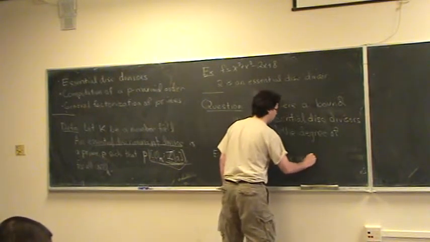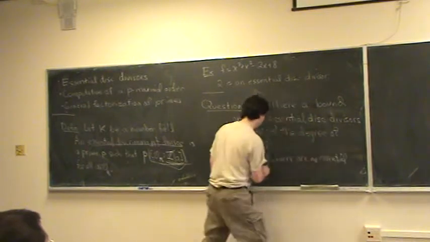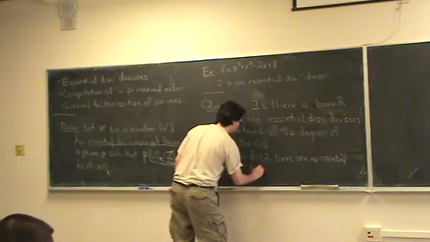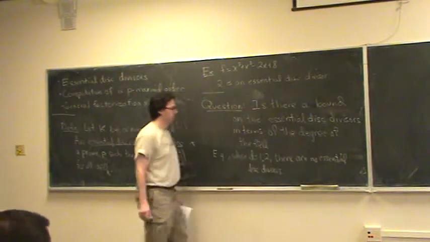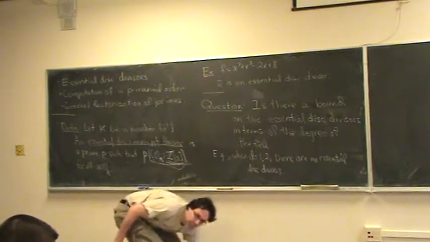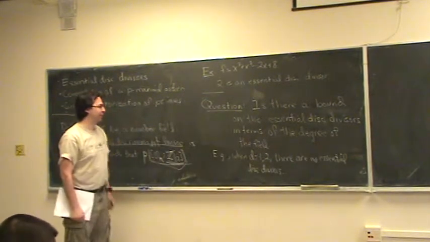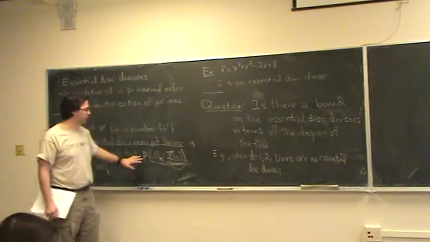Can you say anything about the number of essential discriminant divisors? You said that it had to be finite, but if it's a cubic extension, there are at most 2, or, if you answered this question, that would say something about the number. It could be that the answer to this question is no, and then there's some statement about the number.